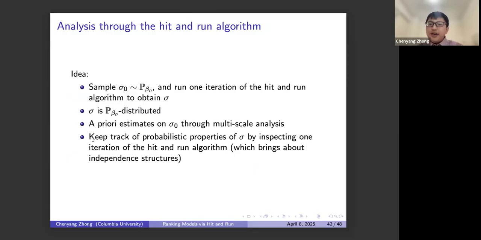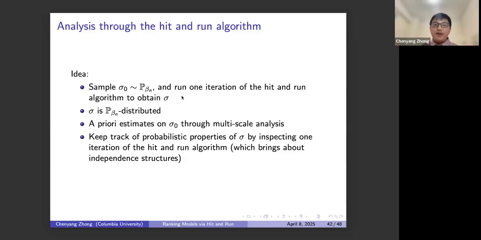Okay, so in order to obtain those results, we are making active use of the hit and run algorithm. The idea is that if we sample one permutation sigma 0 from the Mallows distribution, either with L1 or L2 distance, we can run one iteration of the hit and run algorithm, which involves certain changes of sigma 0, because we first need to draw U1 up to UN, and then draw a permutation with one-sided restriction implemented using the sequential procedure.